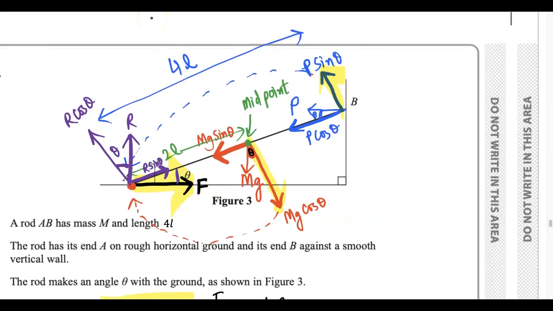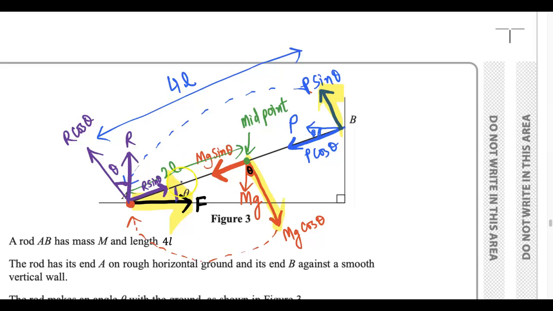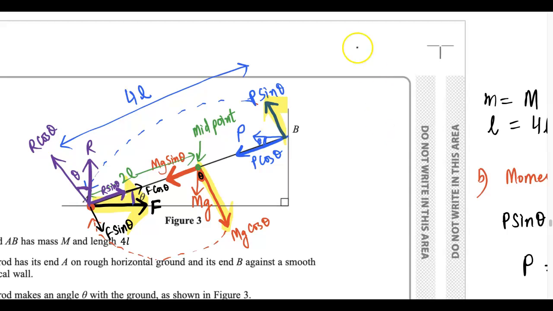Similarly, let's write the components of F, friction. If it is theta, in the same direction we are going to get F cos theta, and downwards we will get F sine theta. And I think we have resolved all the forces, isn't it? So let me write it here. If we go along the rod, we will be resolving our forces.